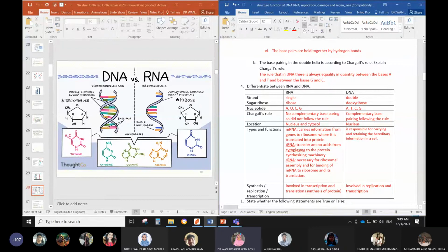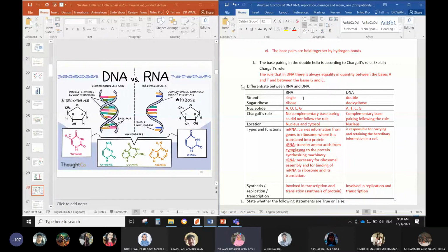So yes, the RNA is consisting of single strand and DNA double strand. Then you have your ribose for RNA and deoxyribose for DNA. The nucleotide actually differs in that RNA has uracil, but DNA has thymine instead. And for the Chargaff rule, RNA does not follow this because there's no complementary base pairing, but DNA does.